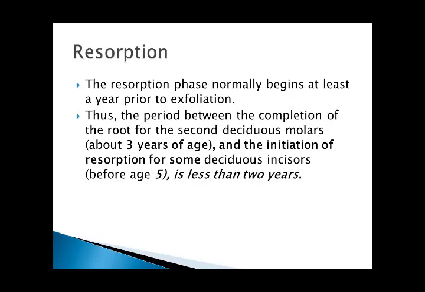The resorption phase normally begins a year prior to exfoliation. Thus, the period between the completion of the roots for the second deciduous molars, about 3 years of age, and the initiation of resorption for some deciduous incisors before age 5 is less than 2 years.